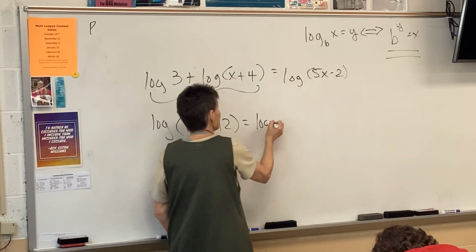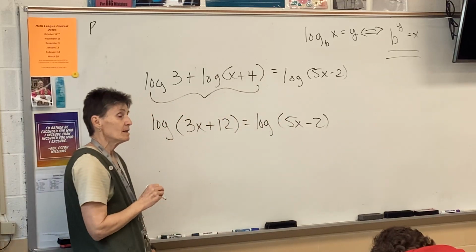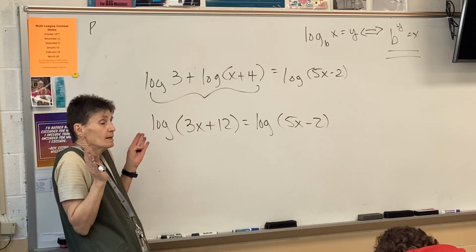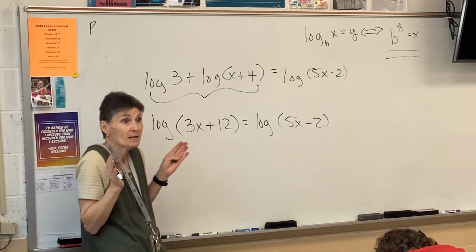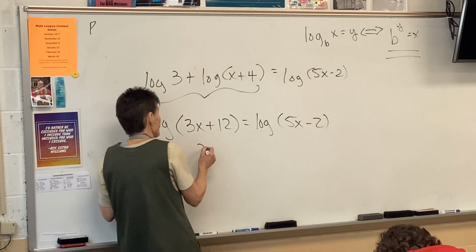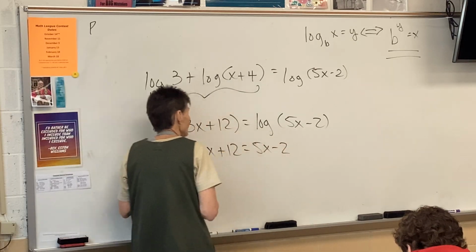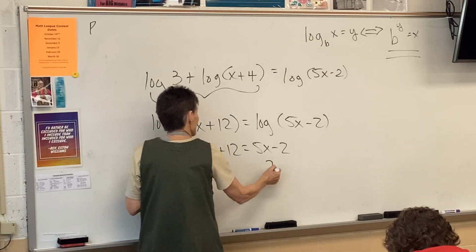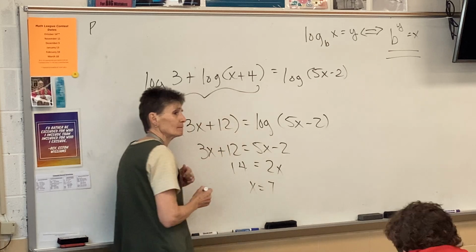Beautiful. And then, Charlie, as soon as you do that, then your life is awesome. I mean, it's always awesome, but now it's particularly awesome because we can drop the logarithms. So 3x plus 12 plus 5x minus 2. So 2x equals 15. Did you get x equals 7?